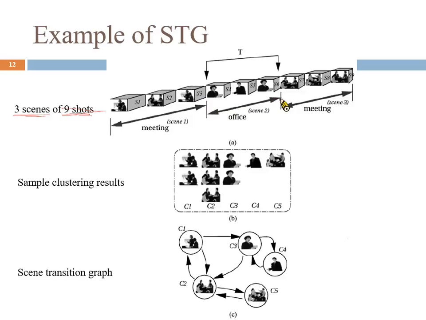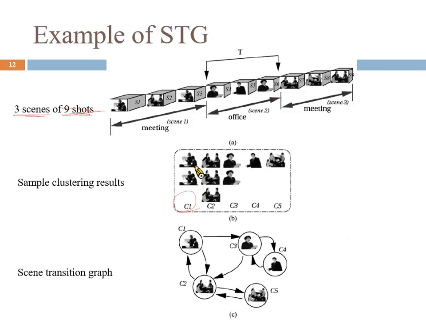Then it goes to the office, which belongs to the second scene. Then it goes to a meeting again, which is the third scene. By clustering similar and temporally adjacent video shots, we get the following result.